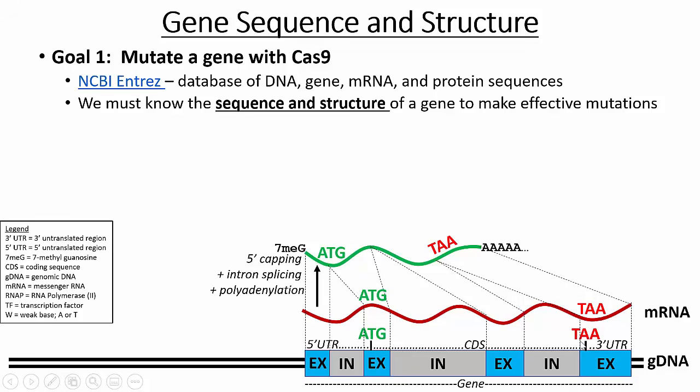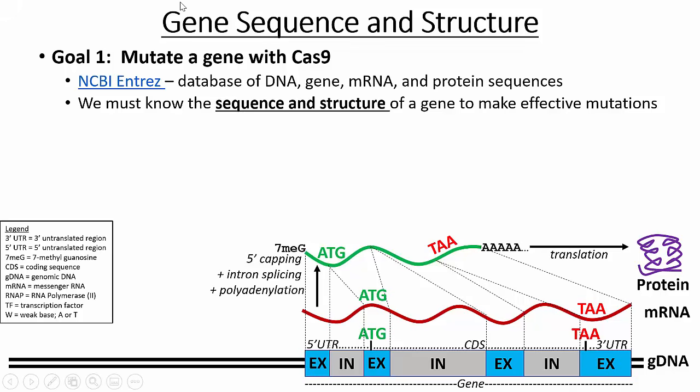Likewise, on the other end, after the stop codon is what we call the 3' untranslated region. These are sequences that get copied and retained into the mature transcript, but they do not contribute to the translation of the final protein. So likewise, you also would not want to mutate the gene in one of these UTRs because it would likely have very little effect on the final protein.